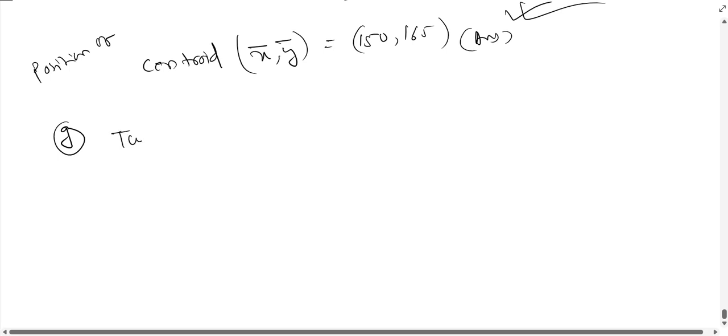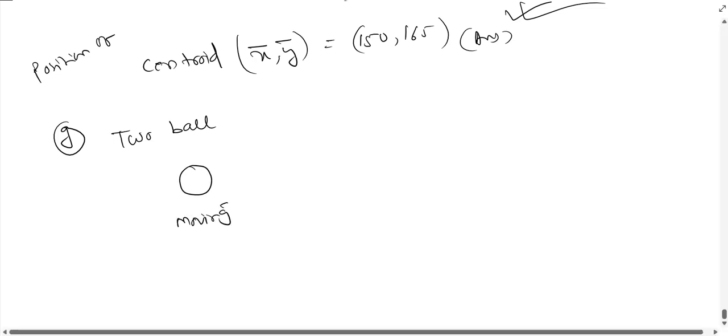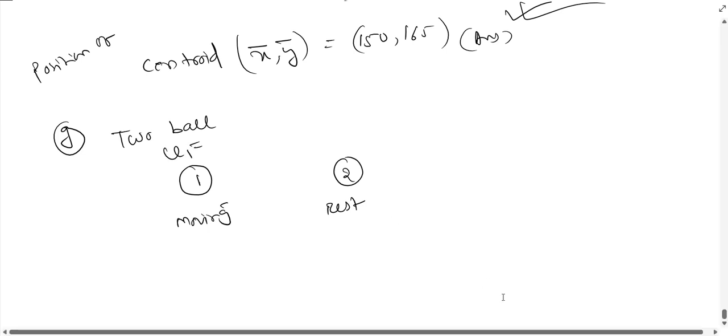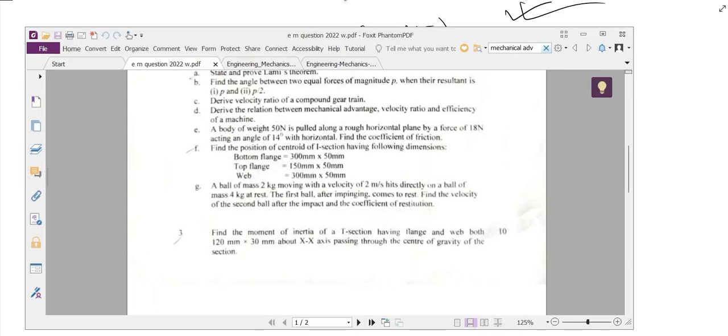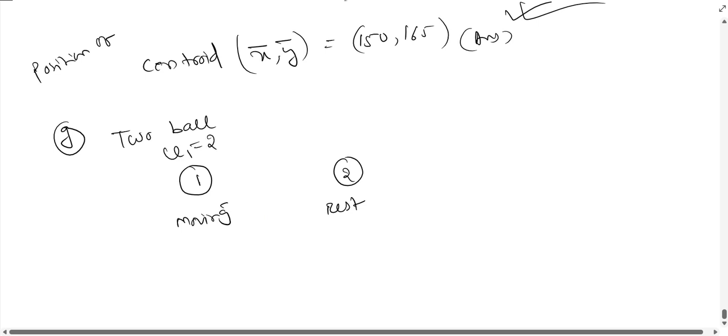So there are two balls, ball 1 which is moving, another ball 2 which is at rest. Okay, ball 1, ball 2. So ball 1 जो है वो मूव कर रहा है at a velocity of, let u1 be the initial velocity of ball 1 and the velocity given is 2 meter per second, and mass of ball 1 given, let m1 be the mass of ball 1.